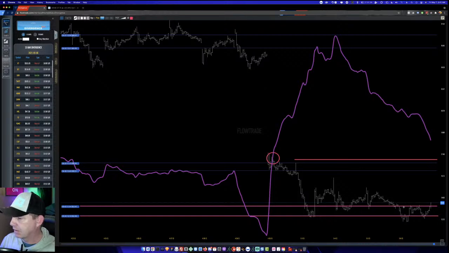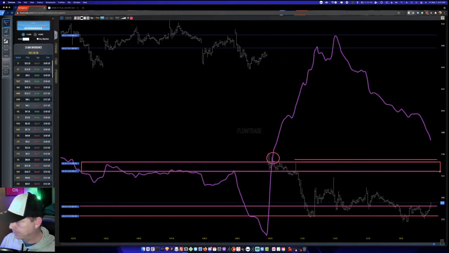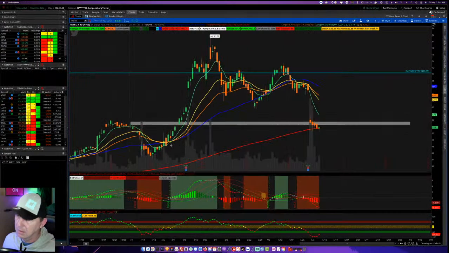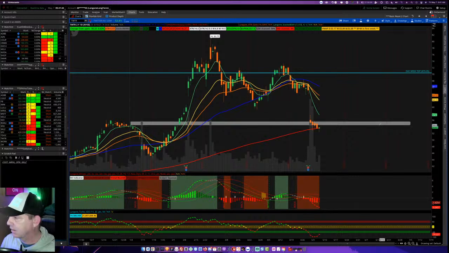Lots of buying occurred. So this is the level that I'm looking for. I'm just going to draw this area. This area is going to be some confluence and some decision making. So 56.31 to 56.90.